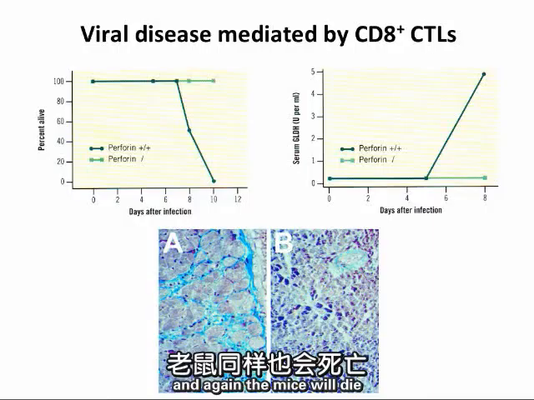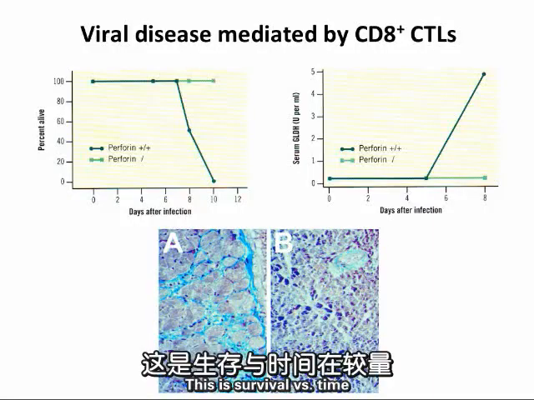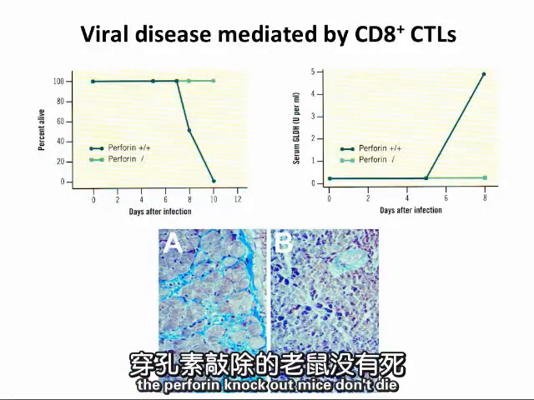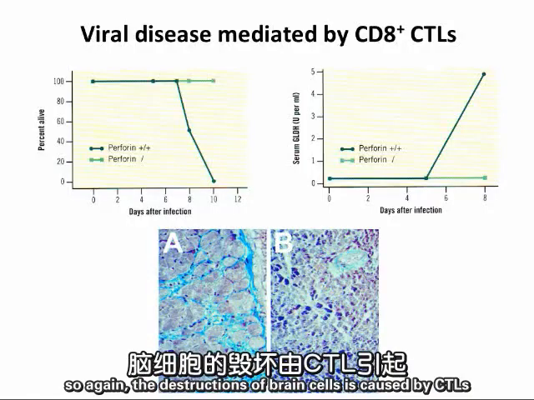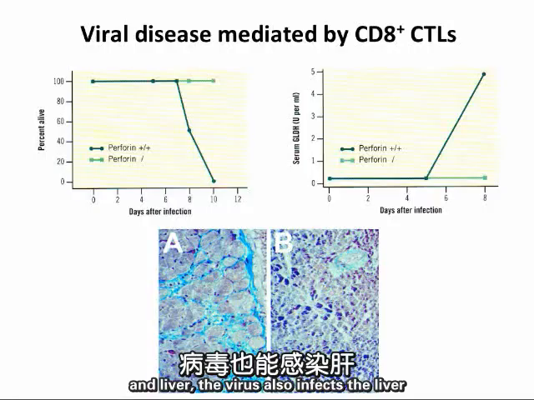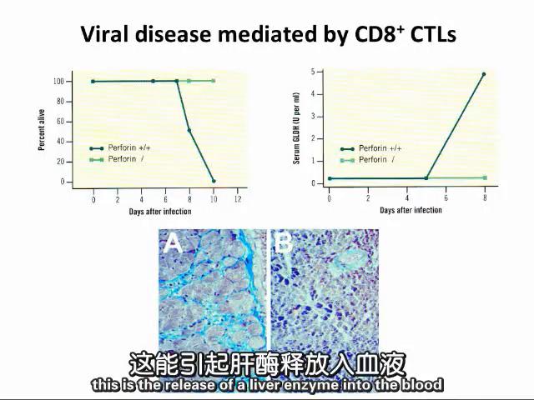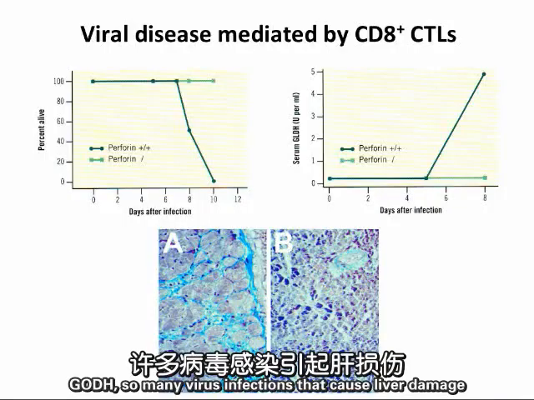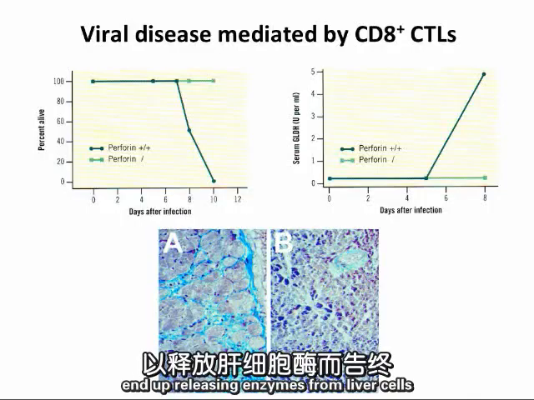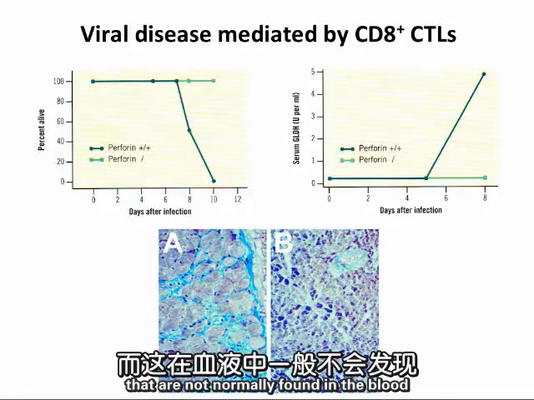And again, the mice who die, this is survival versus time. The wild-type mice die. The perforin knockout mice don't die. So again, the destruction of brain cells is caused by CTLs. And liver. The virus also infects the liver. This is the release of a liver enzyme into the blood, GLDH. So many virus infections that cause liver damage end up releasing enzymes from the liver cells that are not normally found in the blood.